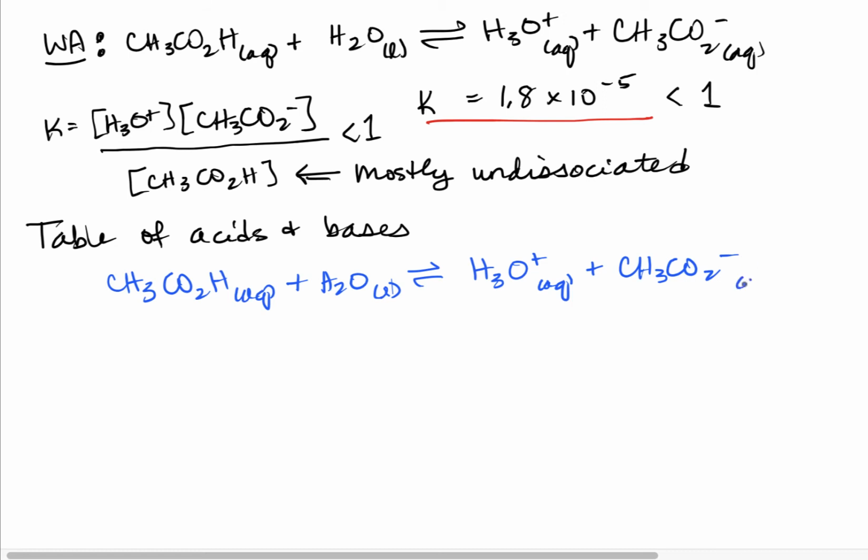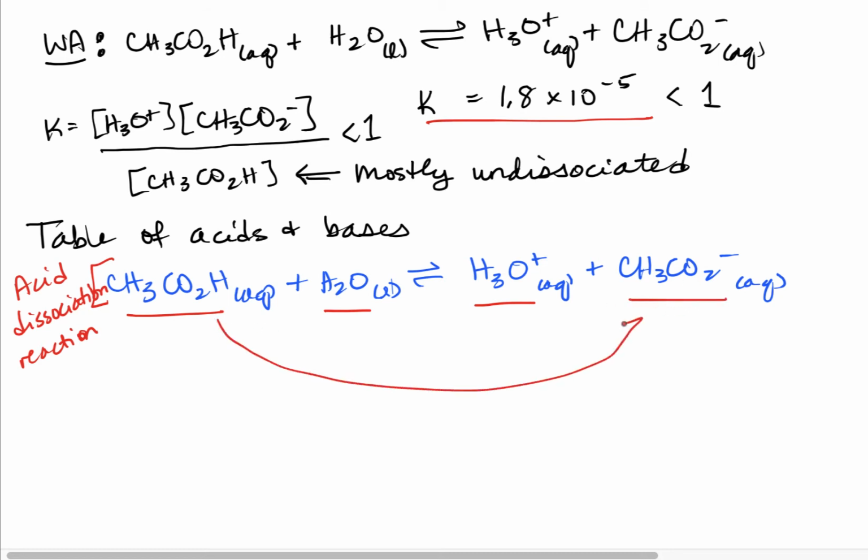So one of the things that I want you to remember about any acid dissociation reaction, that's what we're looking at here: an acid dissociation reaction starts with an acid, reacts it with water, makes hydronium ion, and makes the weak conjugate base of that acid.